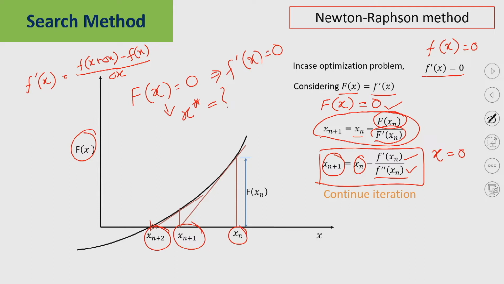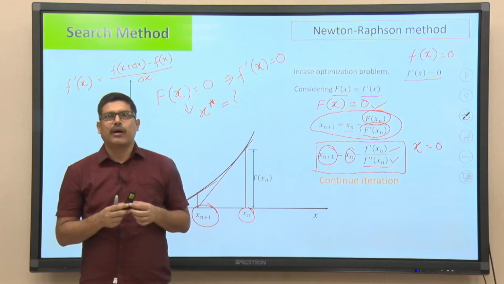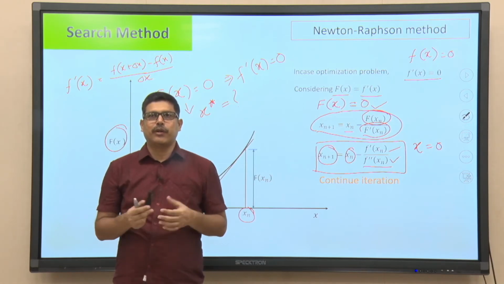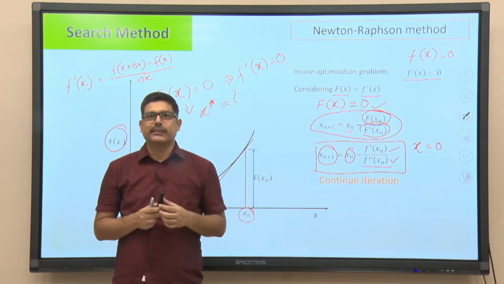Depending upon the situation, we can choose one of the techniques, either region elimination, interval halving, or golden section. As you have seen, the golden section method is more efficient than the interval halving method. So, you can go for the golden section method, and you can also apply the bisection method.